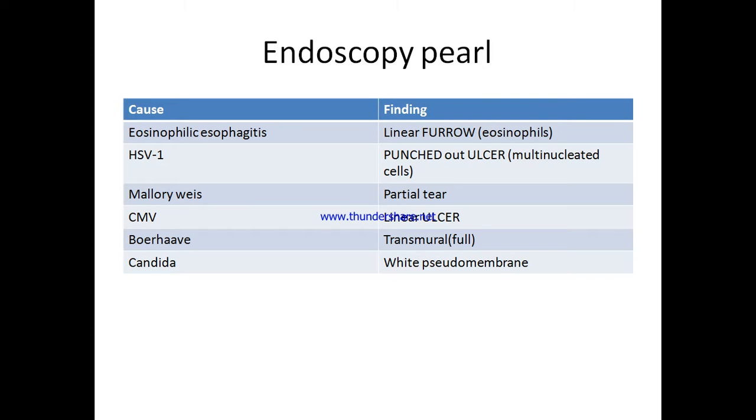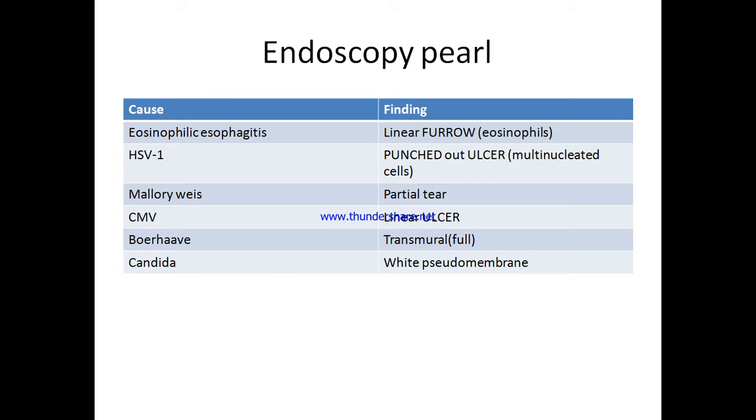Now I have given you some endoscopy pearls that you should keep at the back of your mind, because these things are actually going to tip you off into picking the right choice in the questions. So eosinophilic esophagitis would have linear furrows and an infiltration by eosinophils. Compare this with cytomegalovirus, which would have a linear ulcer, right?